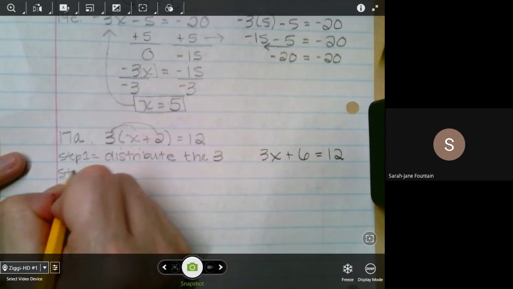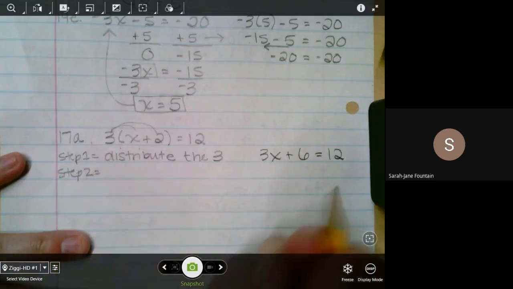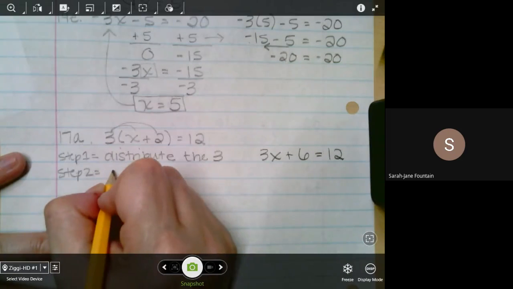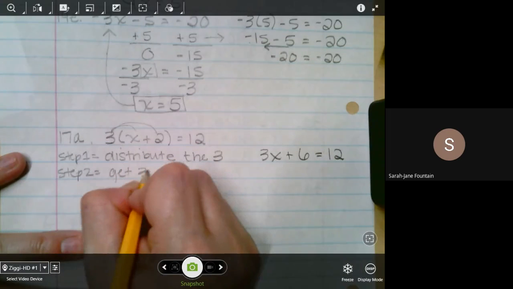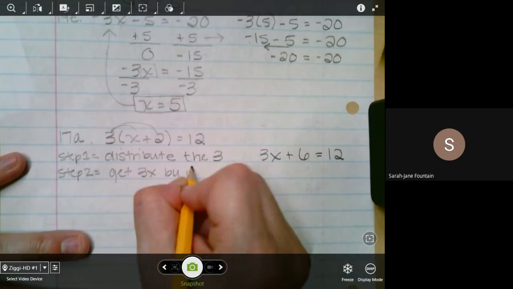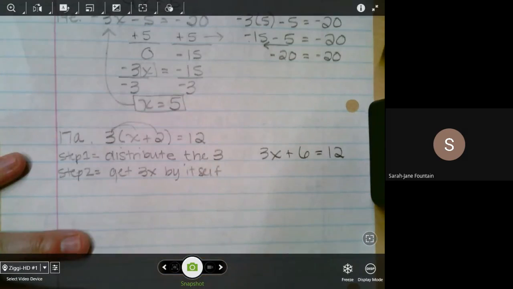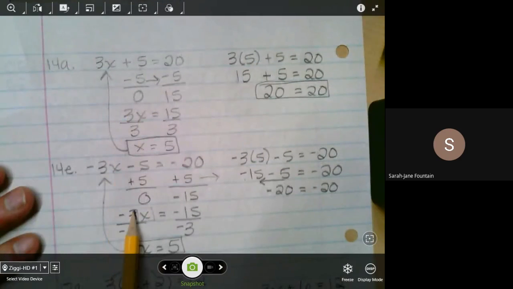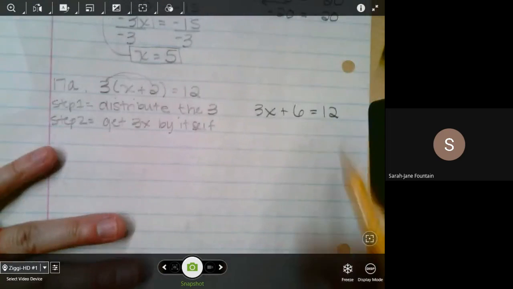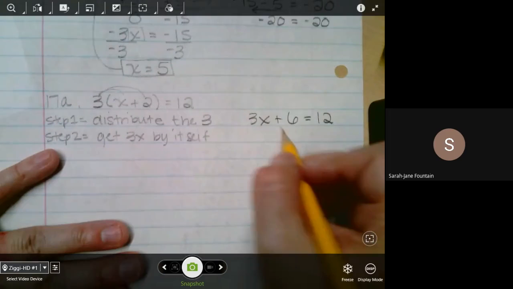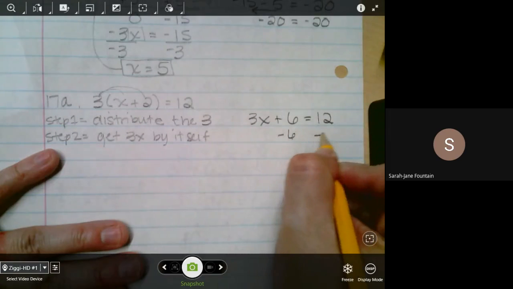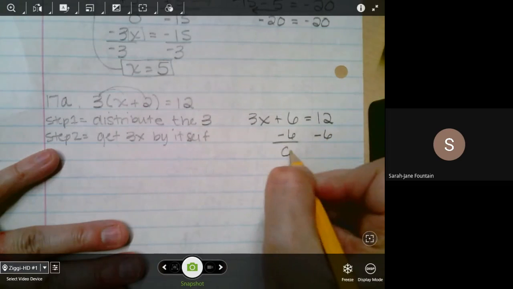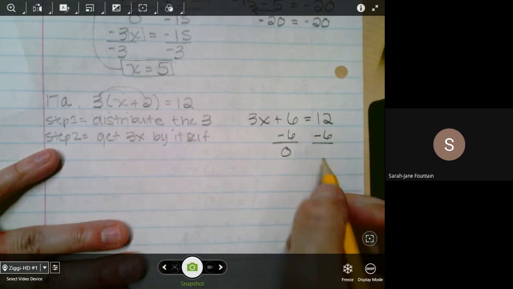Step 2. I want to get 3x by itself. So I'm going to do the same thing that I just did up here and right here, and I'm going to use the inverse operation to get rid of this. 12 minus 6 is 6.